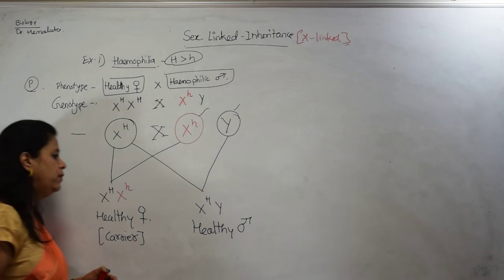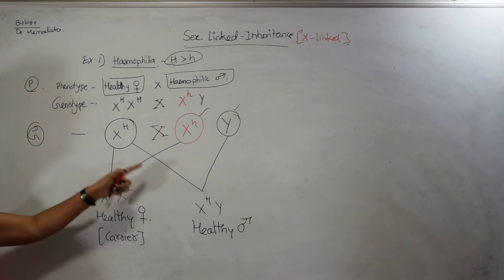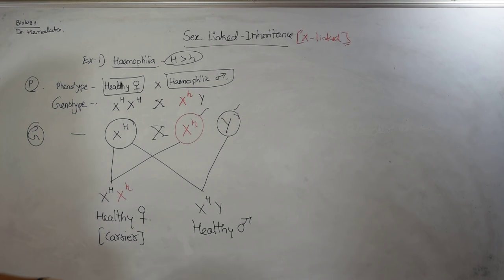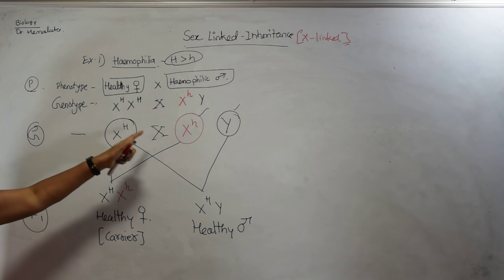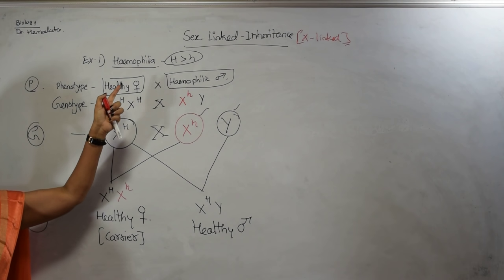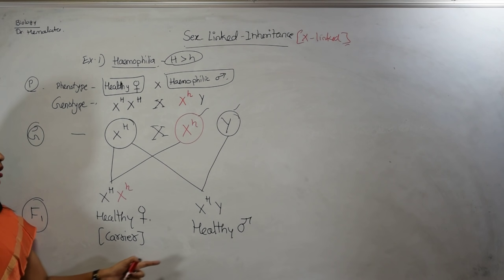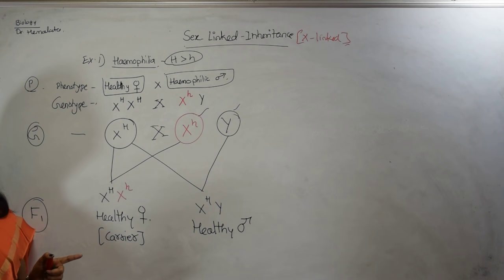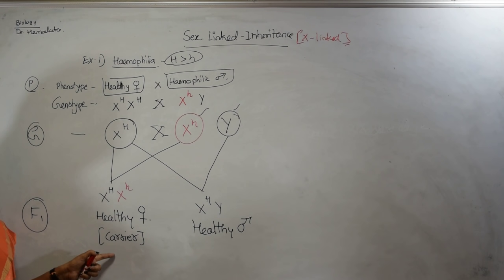So he got the healthy gene from his mother. Therefore, in F1, the children produced from a healthy, non-hemophilic female and a hemophilic male are both normal. They don't have any disease, right? But the females are carrying the allele.